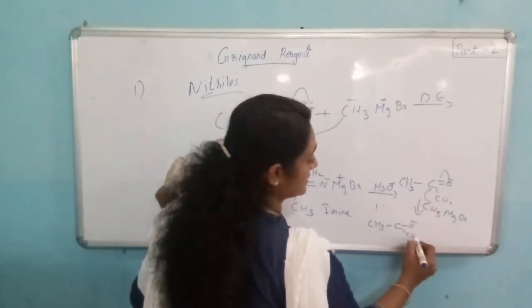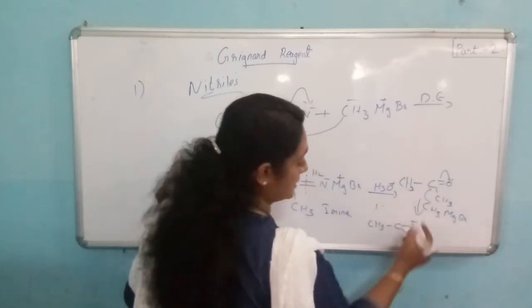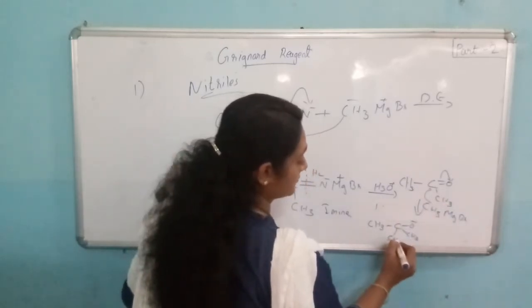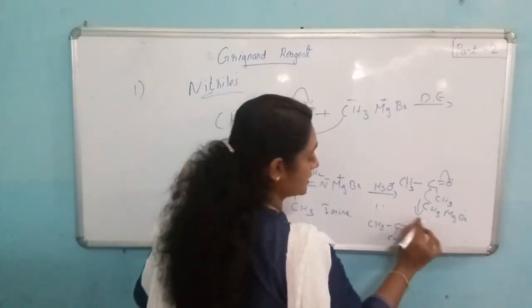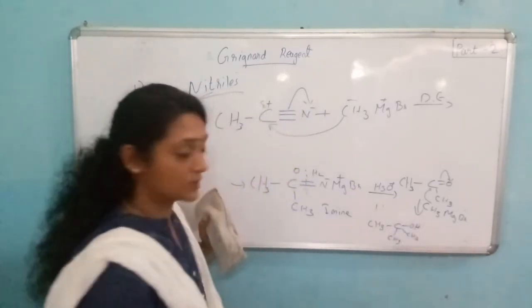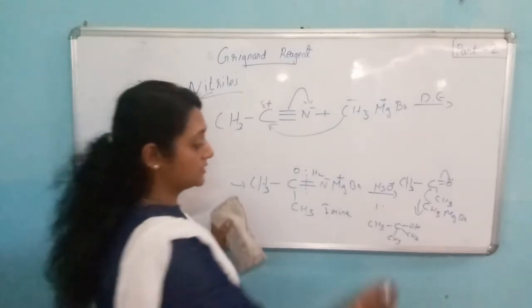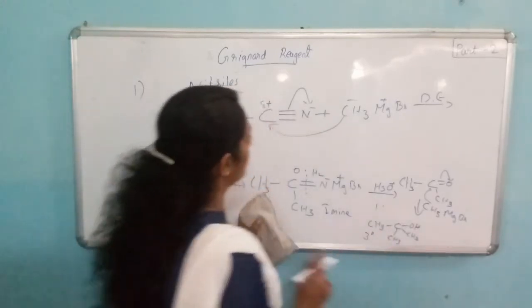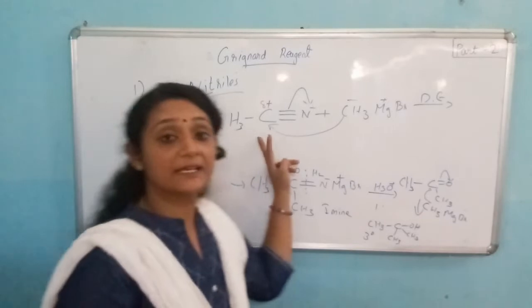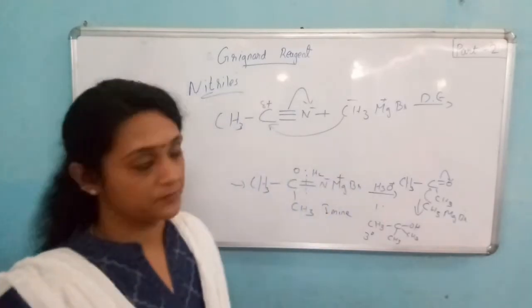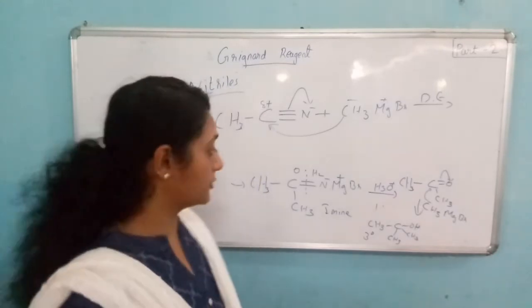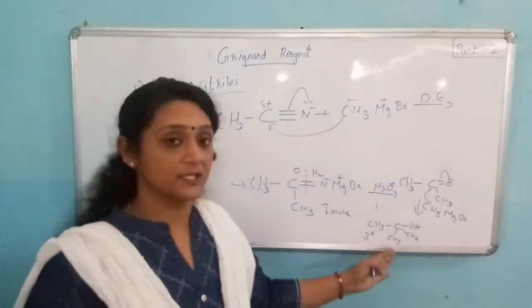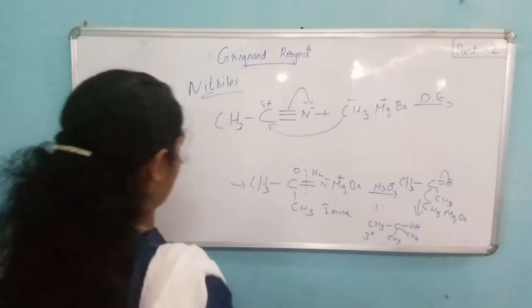This CH3 is already present, and this is the other CH3, and after hydrolysis we get OH. O minus is changed to OH, and this is a tertiary alcohol. A tertiary alcohol is formed from an alkyl cyanide. Okay, from hydrogen cyanide we get an aldehyde product, and from an alkyl cyanide we get a tertiary alcohol.